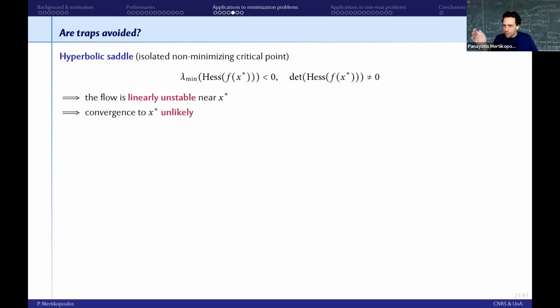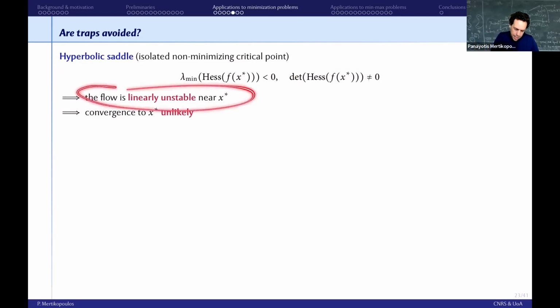They are isolated critical points, which are saddle points in the sense that the Hessian of the objective function has at least one negative eigenvalue. All right. And hyperbolicity means that the Hessian itself is invertible. So they are generic in this sense.